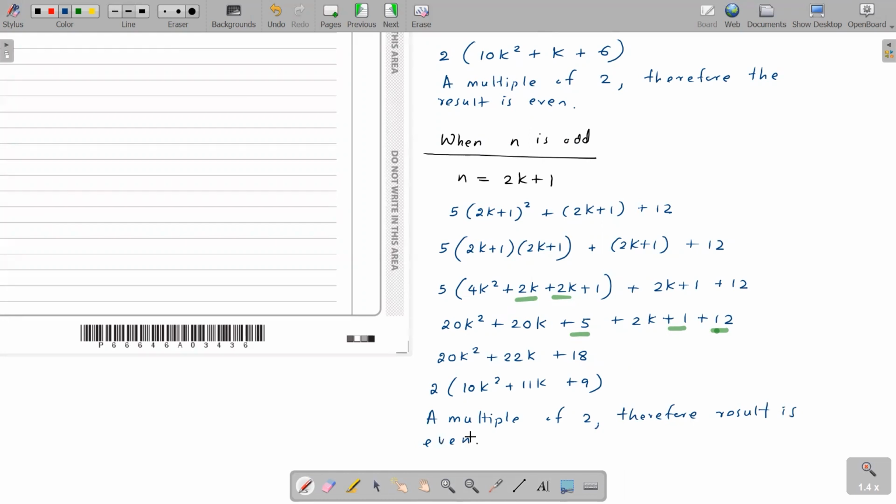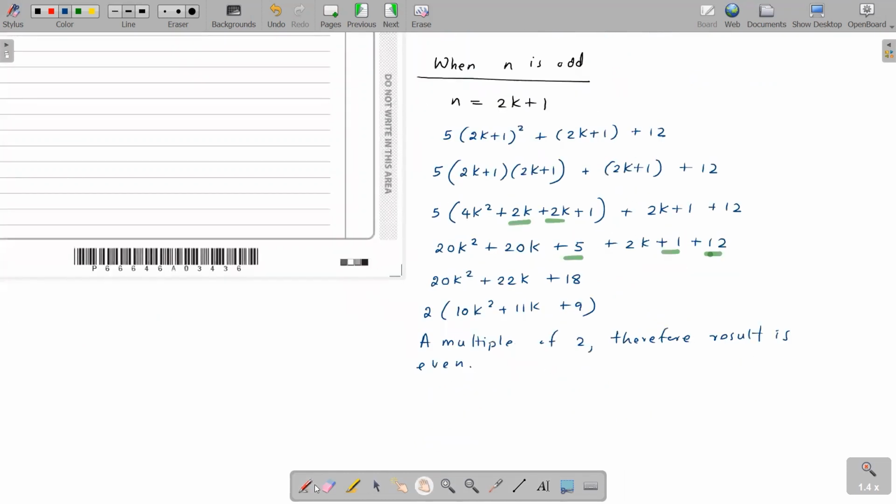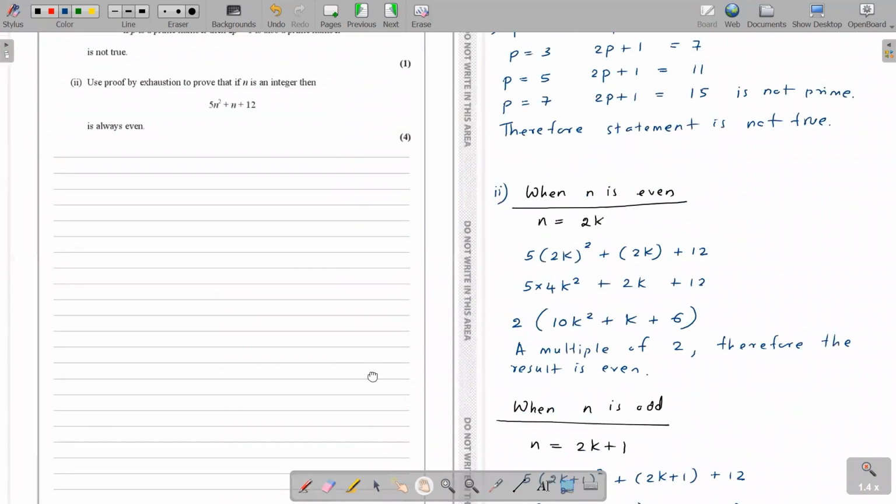Then what do we say? The result is even when n is even. The result is even when n is even or odd. Therefore, give the conclusion.